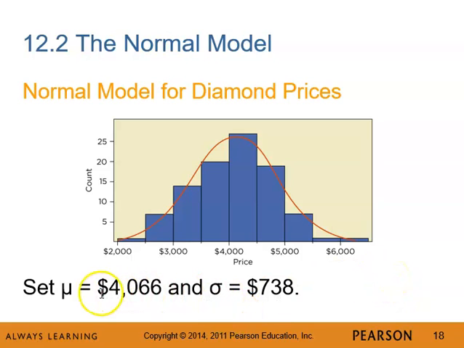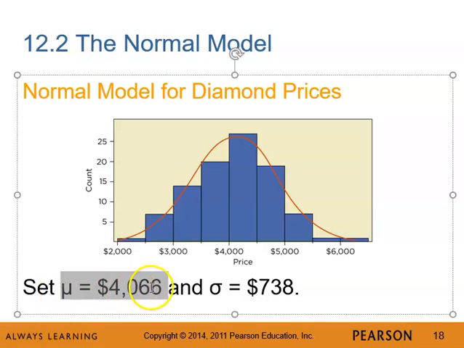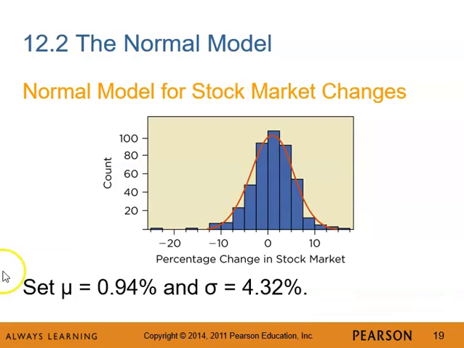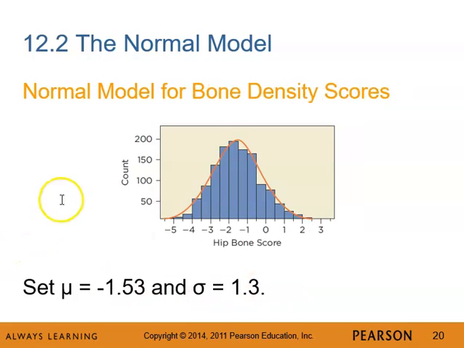You can see that the average is 4066, standard deviation of 738. Another example here for stock market, and another example here for bone density, right? So that normal shape, that's the perfect normal shape. And the question is how close this perfect normal shape is to the actual shape of the data. And the closer to it, of course, the better the normality of data.